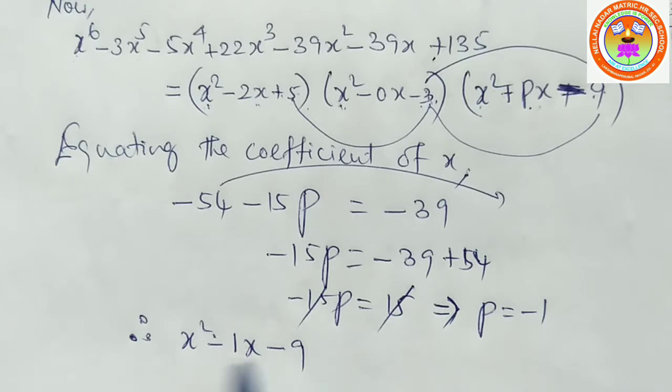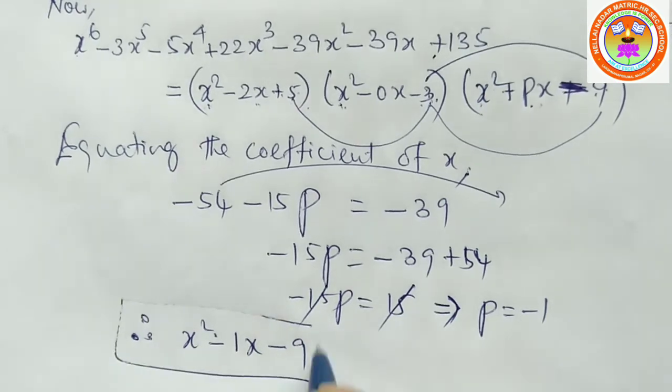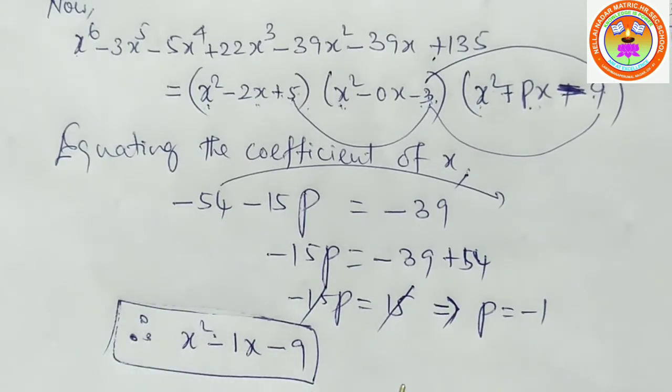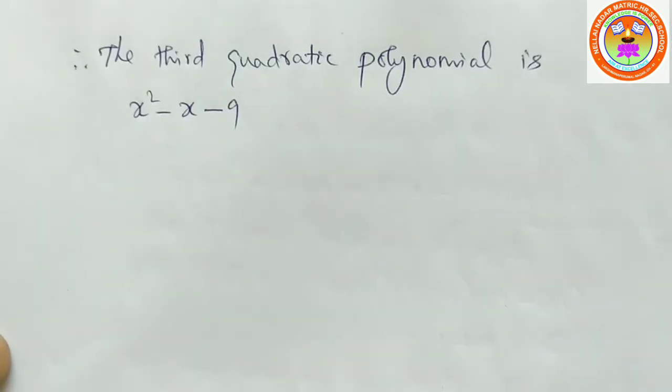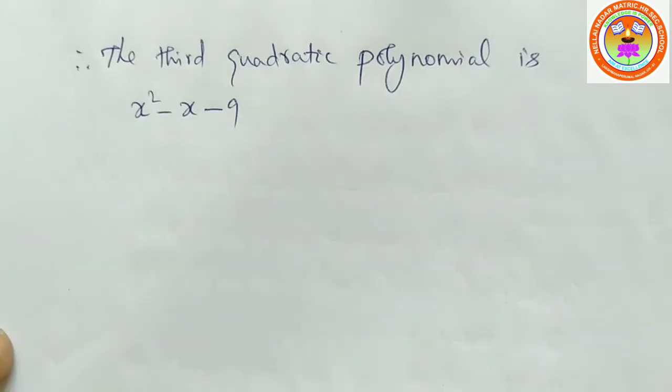If we solve this quadratic polynomial, we will get the other zeros. Okay? For finding the other zero, see product minus 9, sum minus 1. There is no such number. So we can use the formula. So we got the third quadratic polynomial as x square minus x minus 9.